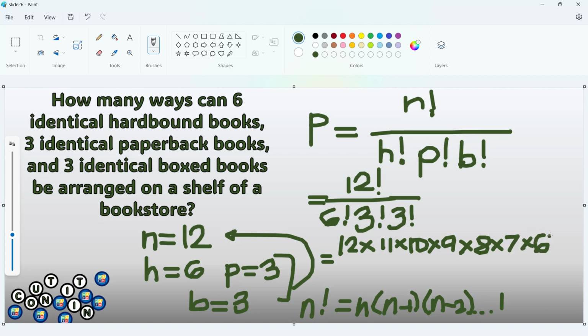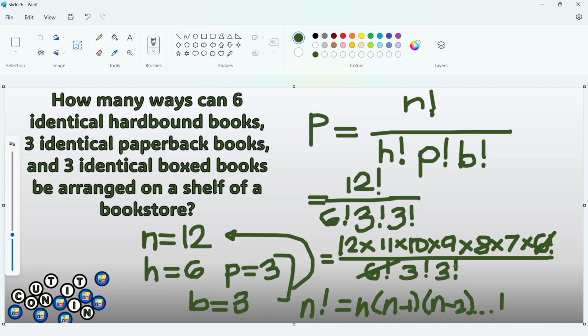Even if I could continue further, let me just stop there, because once I do, my denominator already contains 6 factorial and it will be easier for me to cancel that, because both of them can be expressed as 6 times 5 times 4 times 3 times 2 times 1. It will be easier for me to compute this by canceling items where possible.